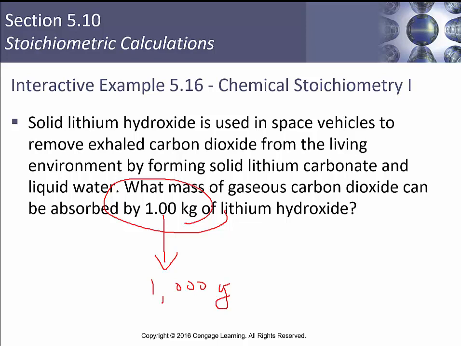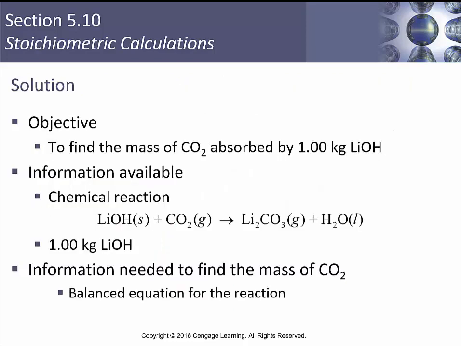So step 0 is going to be our balanced chemical equation. They're going to go through and set this up for us one step at a time. So objective, we're going to find the mass of the CO2. We've got to find our chemical reaction. So lithium hydroxide, LiOH solid, is going to combine with carbon dioxide to give us Li2CO3 and water. We've got 1 kilogram of this stuff.